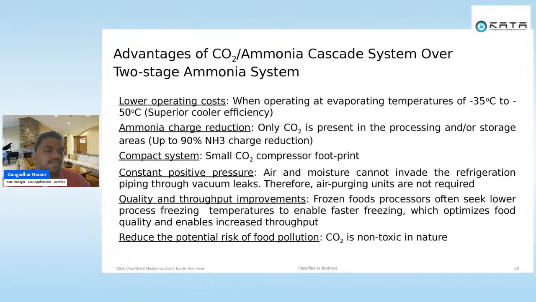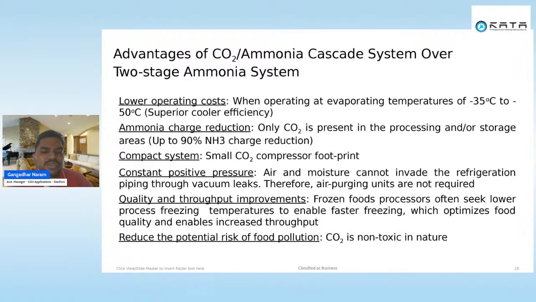Consider shrimp in this application: the core temperature will be very near your evaporation temperature. So the throughput will be high. Because of the higher heat transfer capability, you can increase productivity. Instead of, let's say, 1000 kg per hour, a system can deliver more than 1000 kg in an hour, because your freezing process is faster and your throughput is higher.